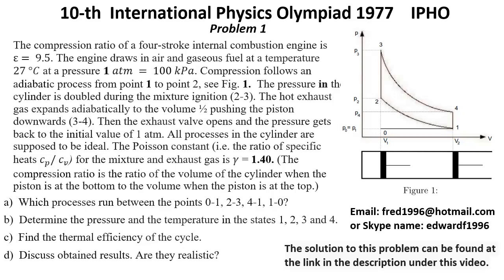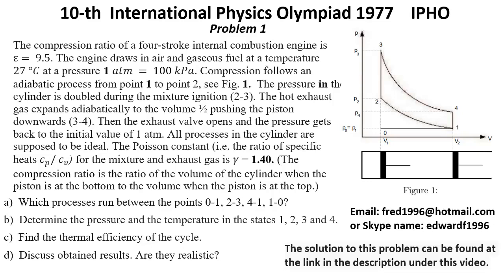The hot exhaust gas expands adiabatically to the volume 1/2, pushing the piston downwards, process 3-4. Then the exhaust valve opens and the pressure gets back to the initial value of 1 atmosphere. All processes in the cylinder are supposed to be ideal.